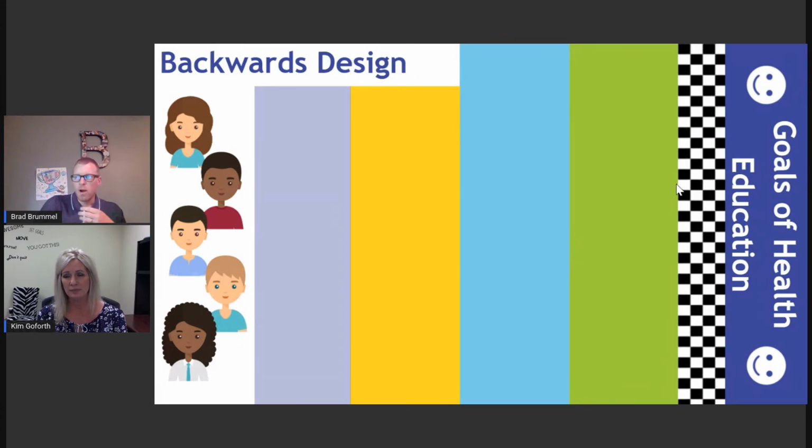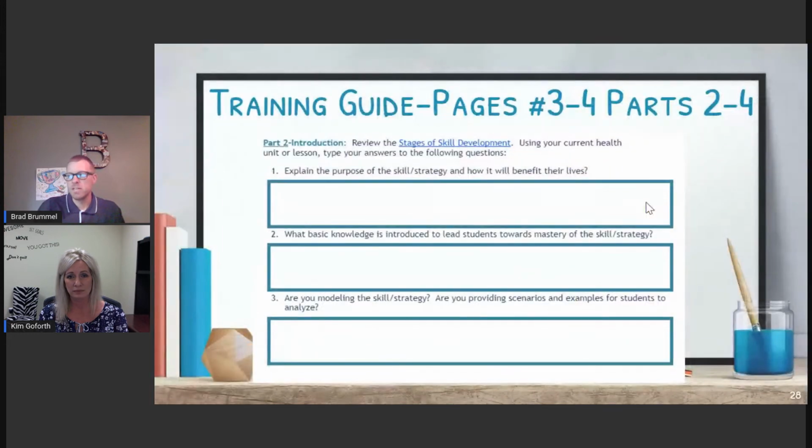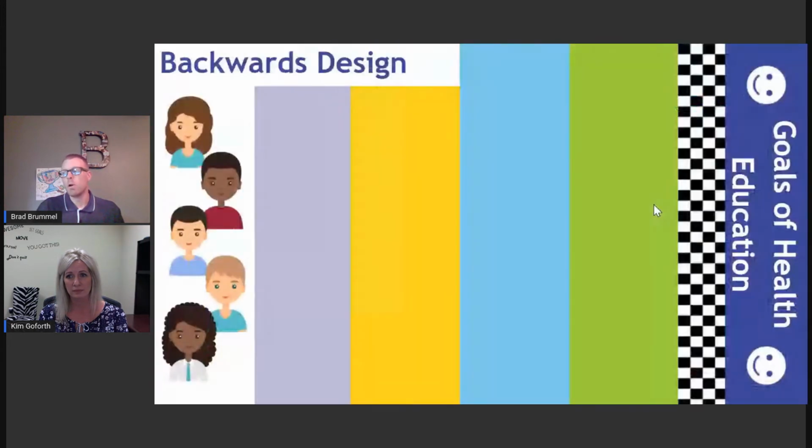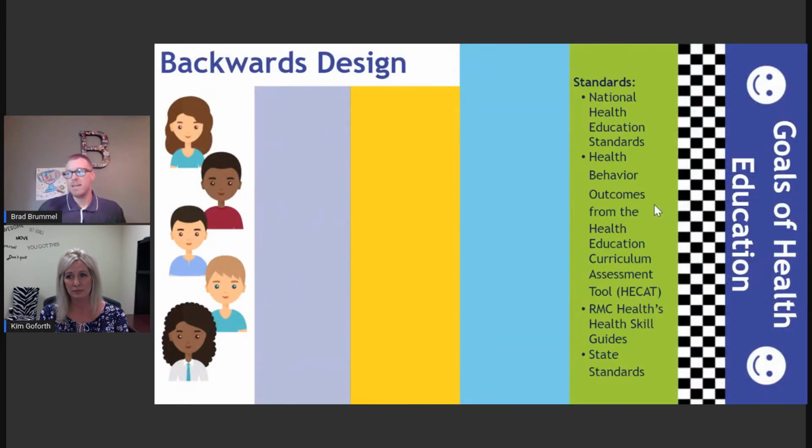So where is it that your shift is needed? Is it reestablishing your goals? Is it prioritizing your instruction and planning to these goals? Is it going back to the skill progression model? Is it using standards to more closely align your instruction or assessments?